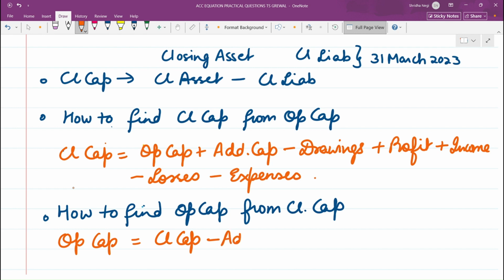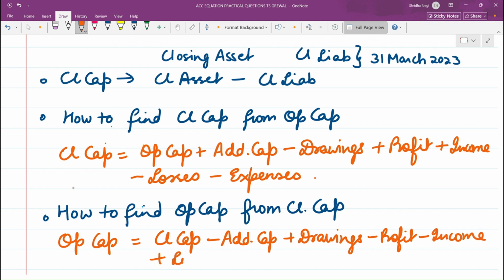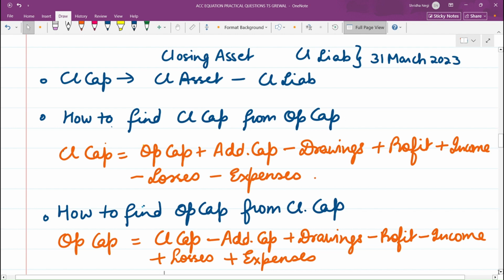So minus the additional capital plus drawings minus profit minus income plus losses plus expenses. Understood? So this is how you find the opening capital from the closing capital.